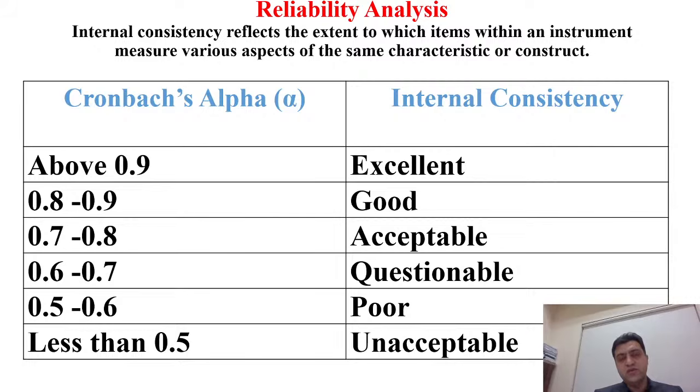Now, why do we measure our reliability? The question is whether the questionnaire that we are using to measure our variables is valid. Do people understand the items? Are they correct? Is the number of items that we are using right? Are they measuring the same thing that we are trying to measure?